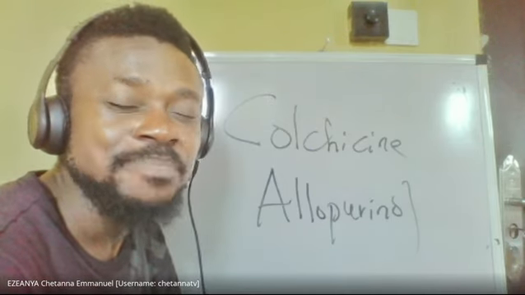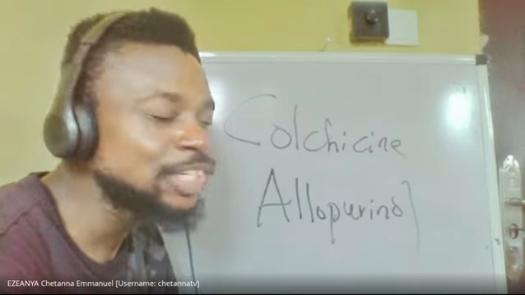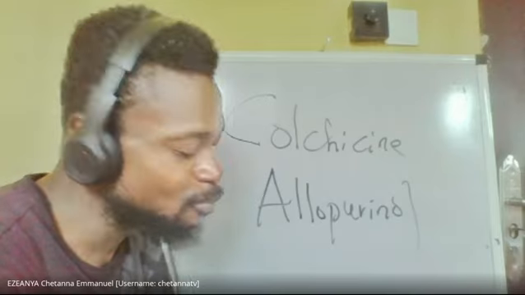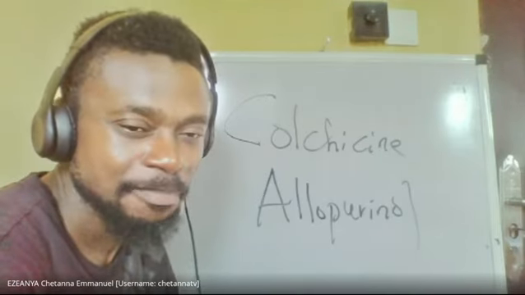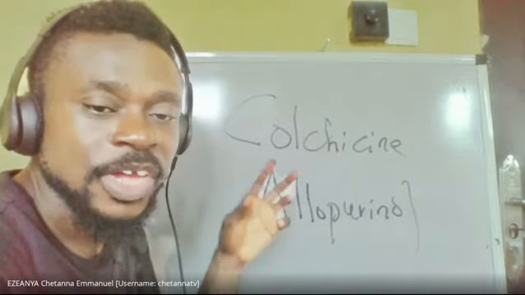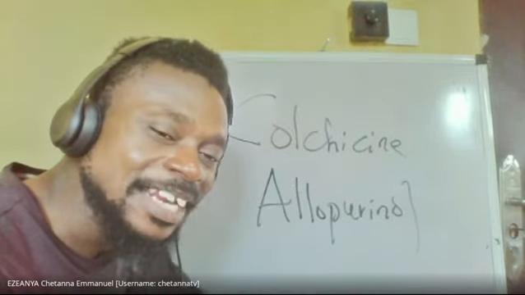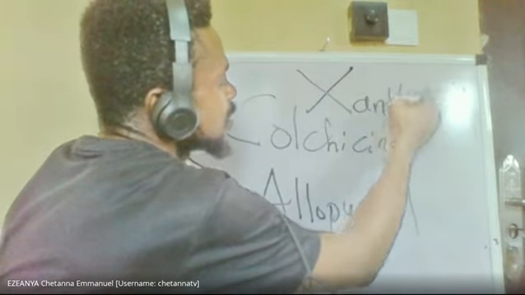It inhibits xanthine oxidase, which plays a vital role in uric acid metabolism, things concerning uric acid in the system. So they inhibit xanthine oxidase, as the case may be.